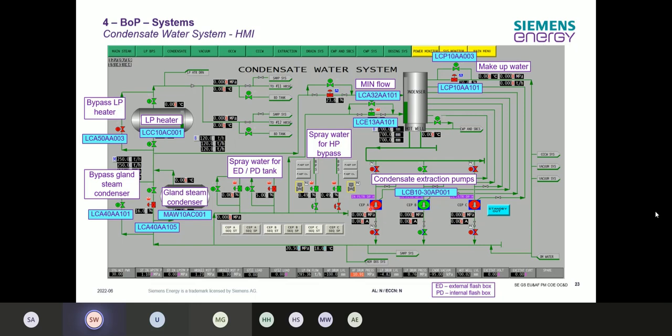But I guess when we check the system over here and look at the protection from the level, it will be in that at level low, at, I don't know, 200, 150 millimeters, at one point the pump will be tripped out or get a protection.